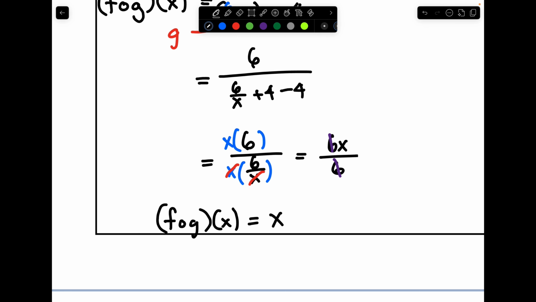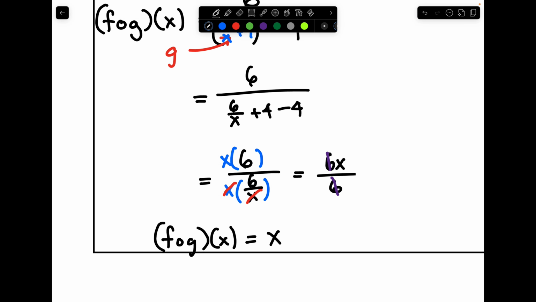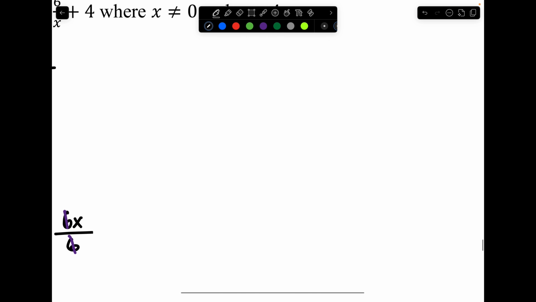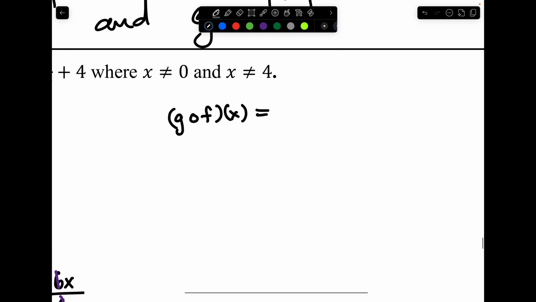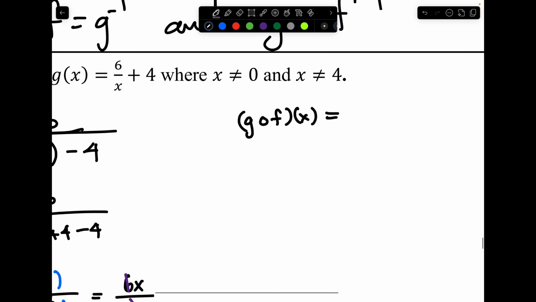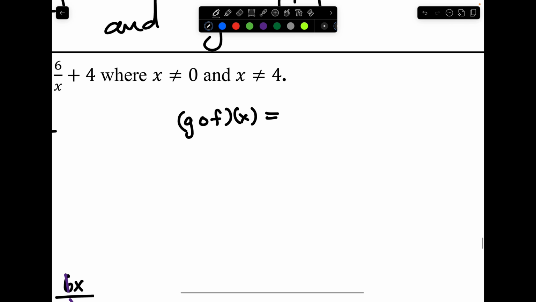So the first half of this, the first direction, f of g, does give us the identity. We just have to verify yet again that the opposite order, the reverse substitution, g of f of x, also results in this identity value of x. So we're going to now plug f into g. So let's write g first.